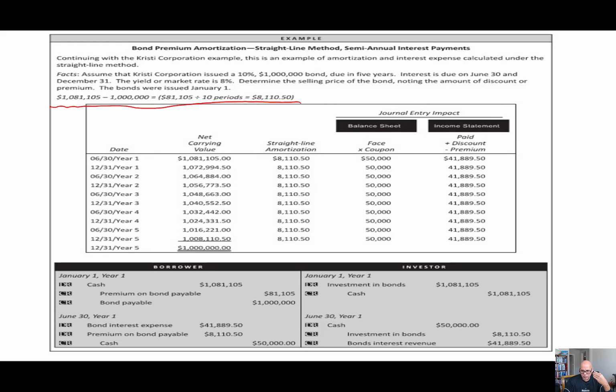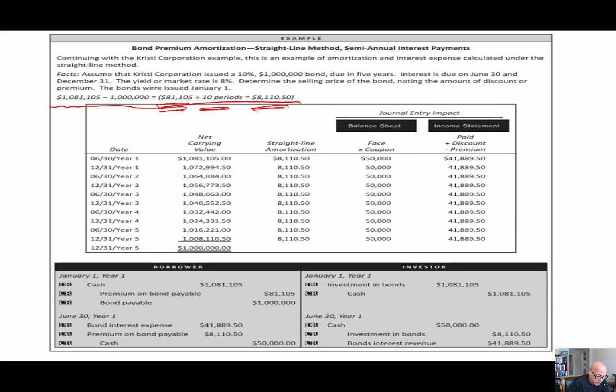That's because this bond was paying 10% when the market was only requiring 8% all that time. So I take this $81,105, I divide that by 10, that gives me $8,110.50 that I'm going to amortize off this premium every 6 months. 5 years times 2, 10 semi-annual interest periods.